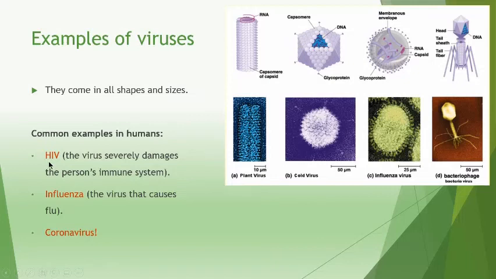First, we have HIV, the virus that severely damages a person's immune system. And we have influenza, the virus that causes flu. And we also have the coronavirus, which is a very major thing going on right now. Those are very common examples in humans.